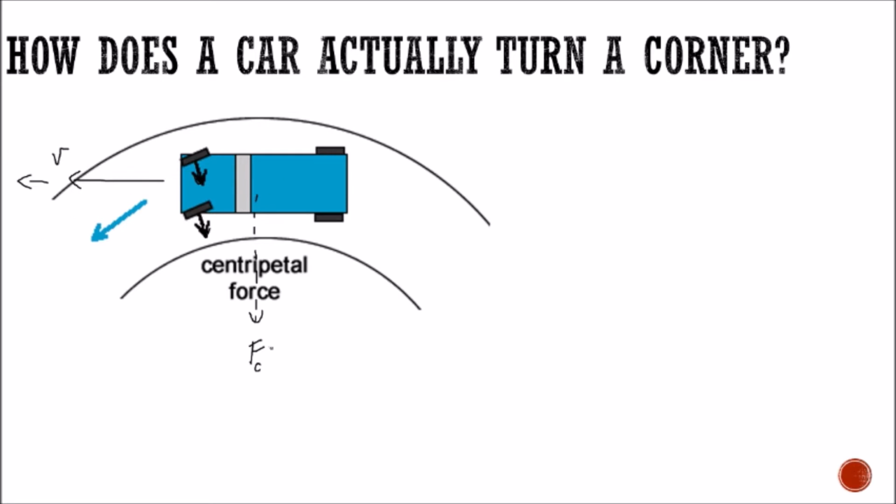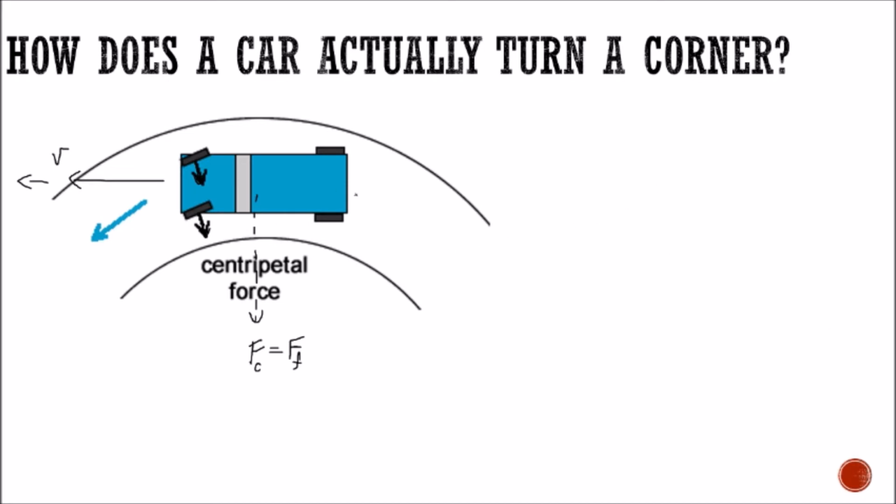So this centripetal force is actually due to the frictional force of the wheels with the road. So in this case here, friction is working to our benefit. If this was an icy road, it would not go so well.